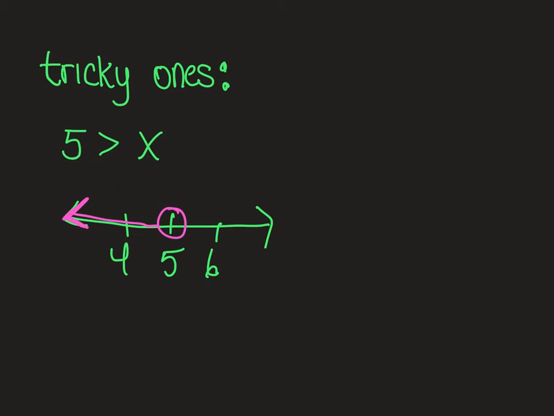So here's what I say. When they give us a tricky one, we're going to rewrite it so that the letter is on the left. The x, the y, the m, whatever variable they give us. If we put the letter on the left, the x would come first and the 5 would come second. Right now it's eating the 5, yum, yum, yum. We have to make it keep eating the 5.